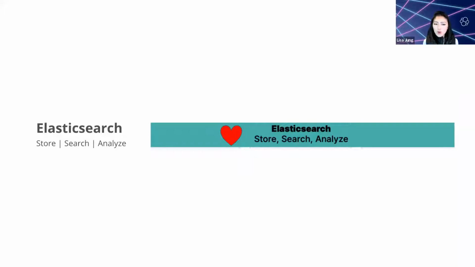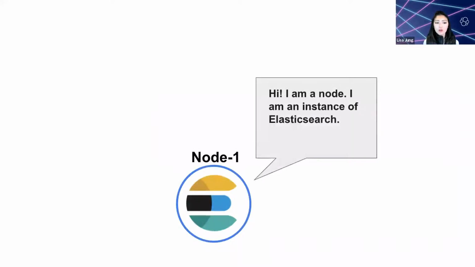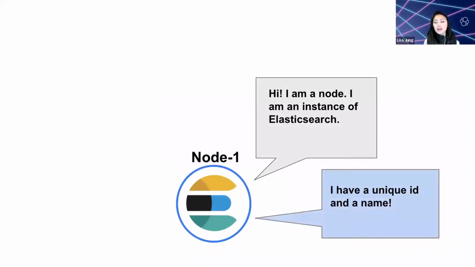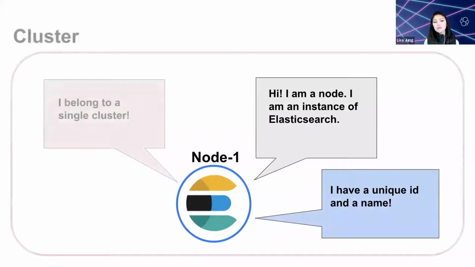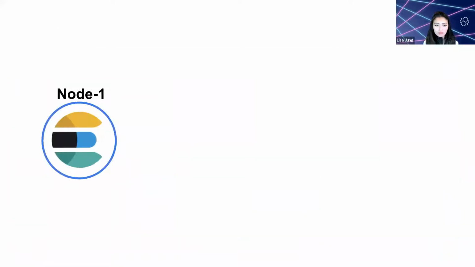And it's also known for its distributed nature, speed, and scalability. And this is due to its unique architecture. So when Elasticsearch is up and running, you have an instance of Elasticsearch, also known as node. Now, each node has a unique ID and a name, and it belongs to a single cluster. So we'll get to what that is in a bit.